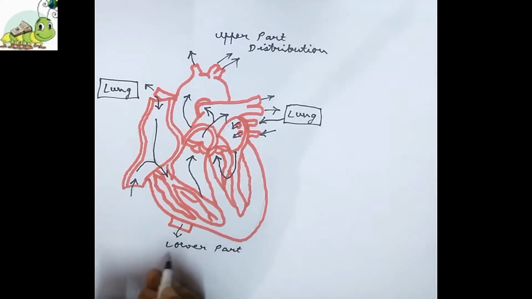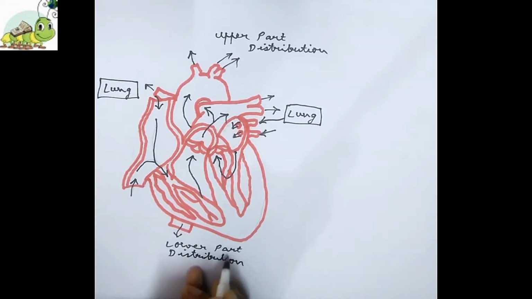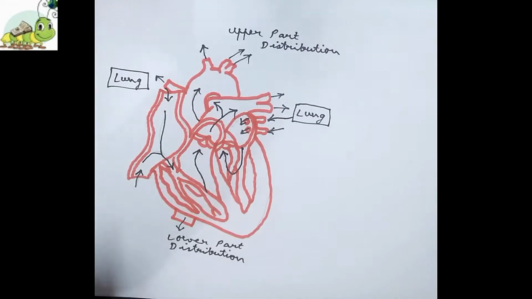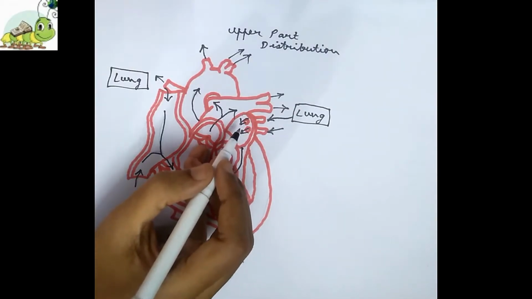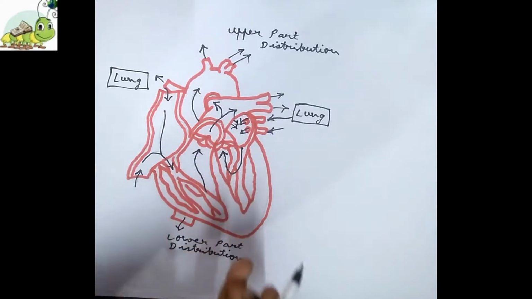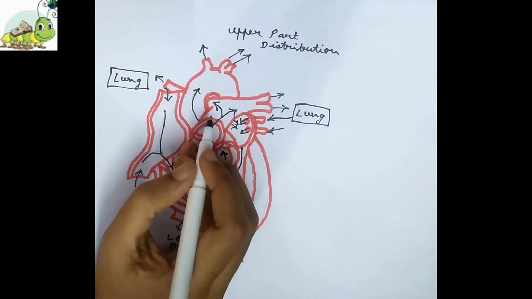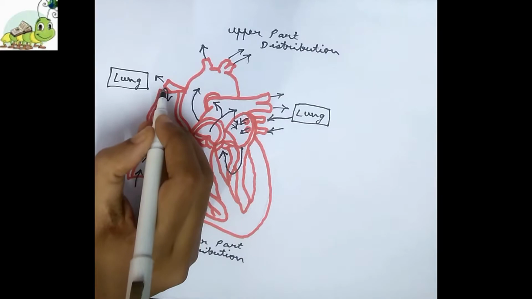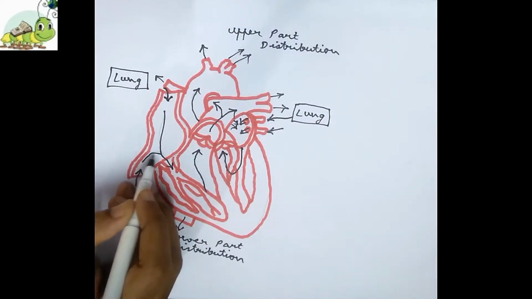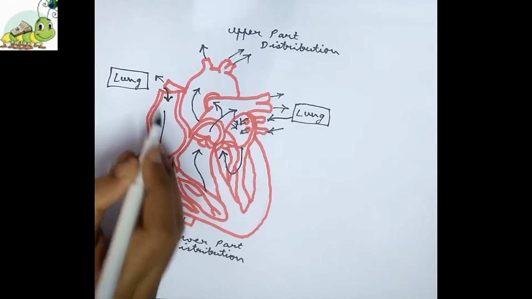From the pulmonary circulation of the lungs, the blood is collected in the left atrium through four pulmonary veins. Blood from the left atrium enters the left ventricle through the left atrioventricular opening. Then the left ventricle ejects the blood into the ascending aorta for distribution in the systemic circulation.